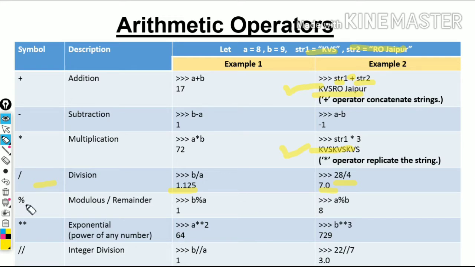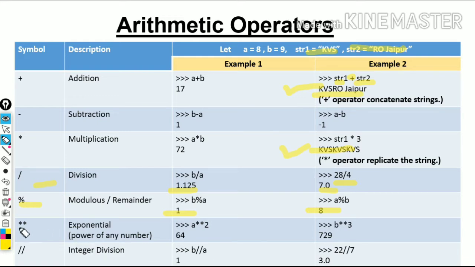The modulus operator gives the remainder. When b is divided by a, what will be the remainder? When 9 is divided by 8, the remainder will be 1. If we divide a by b, we will get the remainder as 8.